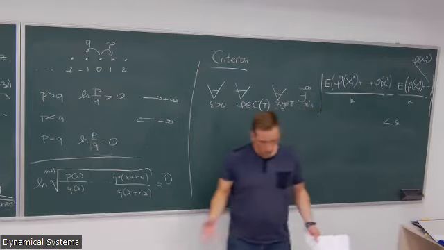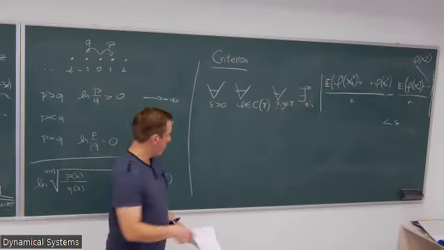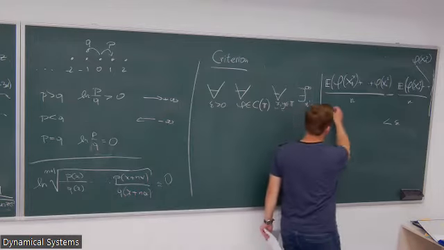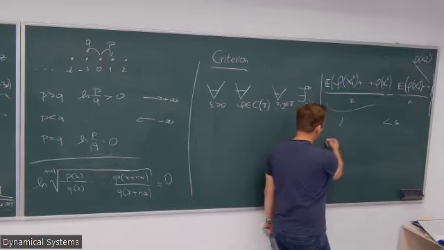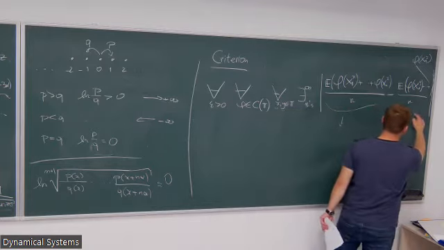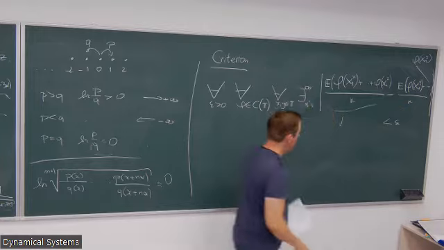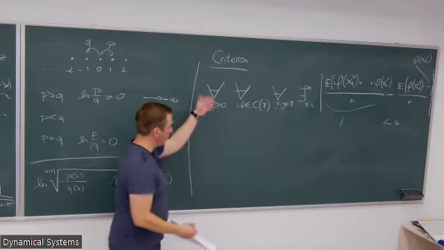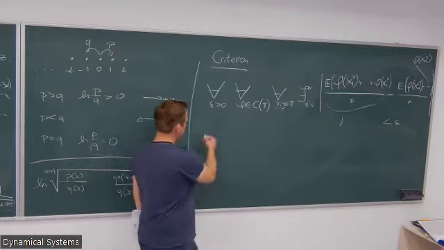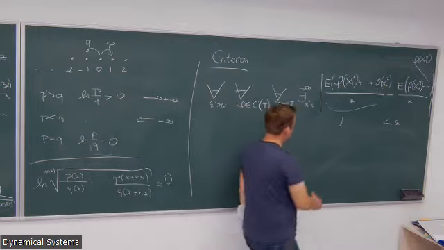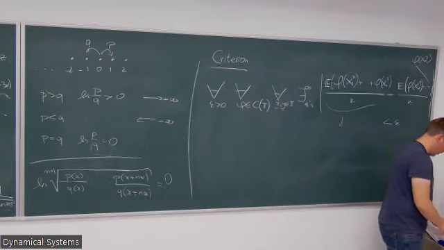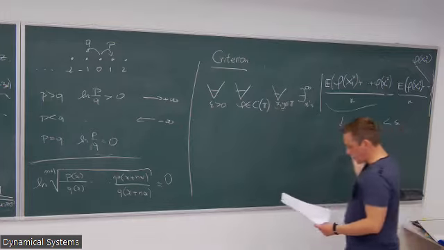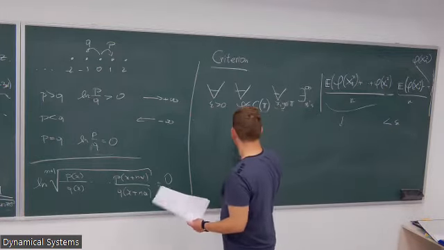From the Birkhoff ergodic theorem, this should be close to the integral of phi with respect to one measure, and this should be close to the integral with respect to the second measure. But this contradicts the criterion, because for every epsilon it can be made small for infinitely many n. So it's much weaker than Sinai's condition.